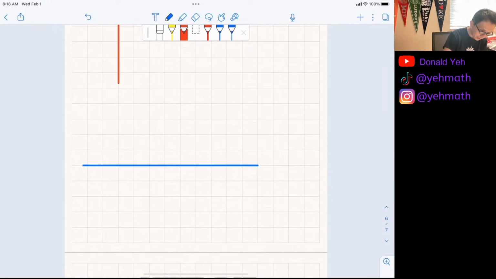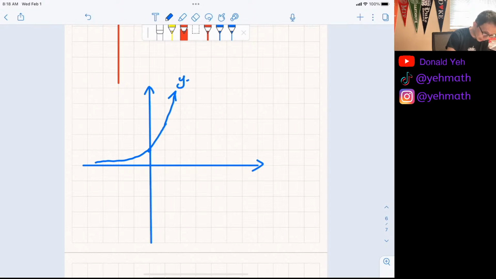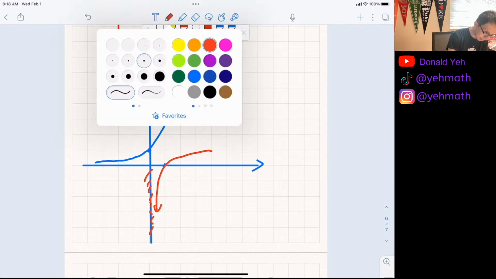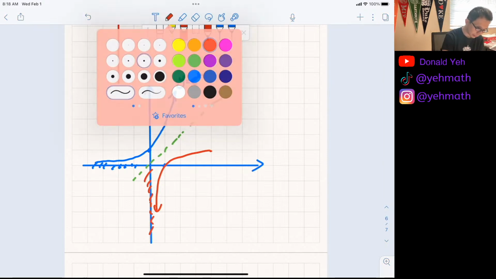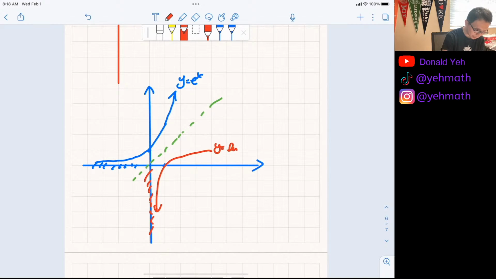What is the inverse of e to the x? So this is y equal to e to the x, and this is natural log of x. There's an asymptote this way, an asymptote that way, and there is a reflection this way, and it kind of makes sense. This is a simple one that you need to know.